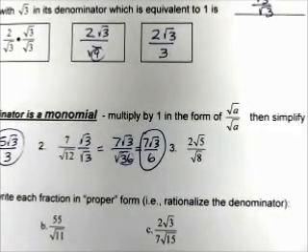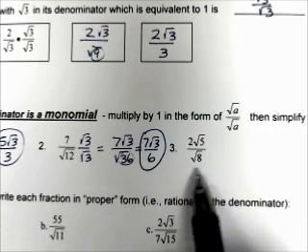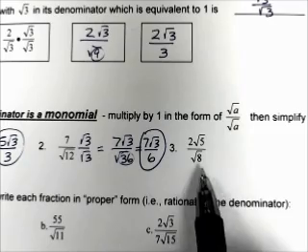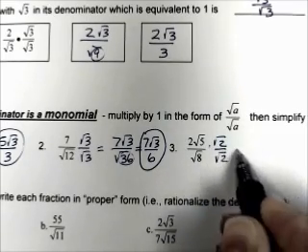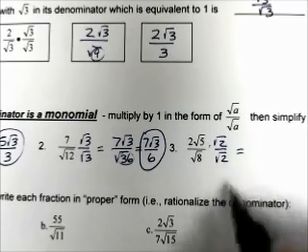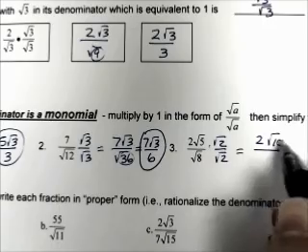Number 3, we have 2 square root of 5 over the square root of 8. Again, let's focus on the denominator here. We want to bring this up to a perfect square, so why not multiply by square root of 2 over square root of 2, bringing it up to the square root of 16. Square root of 5 times square root of 2 is square root of 10.